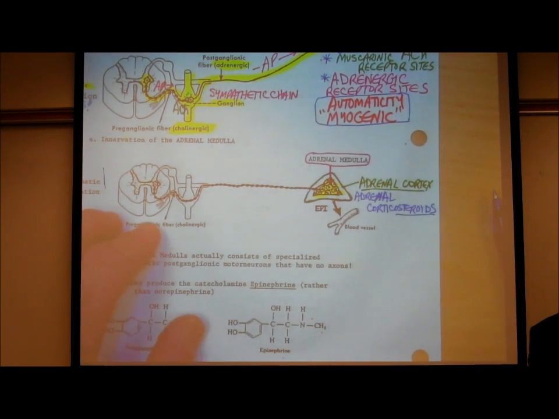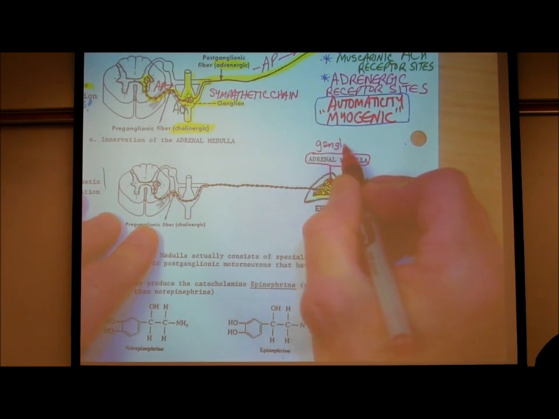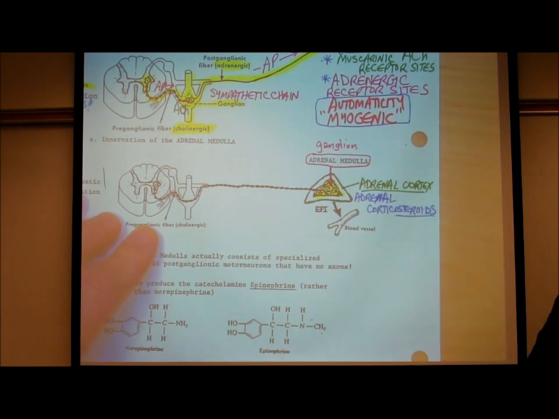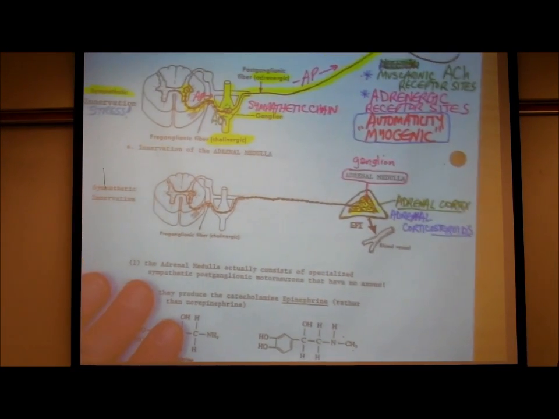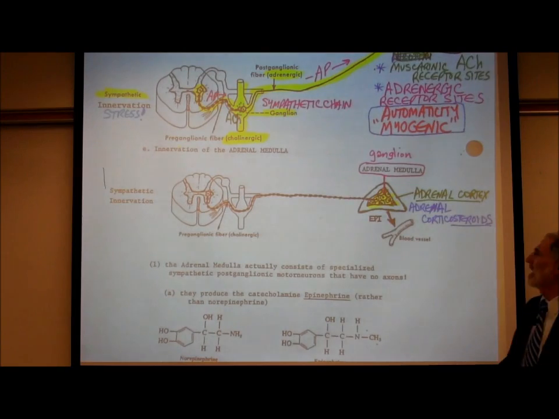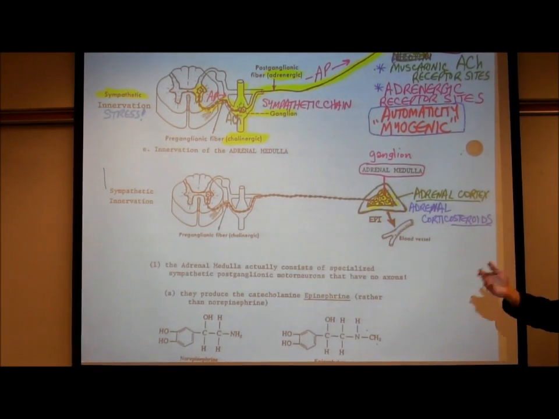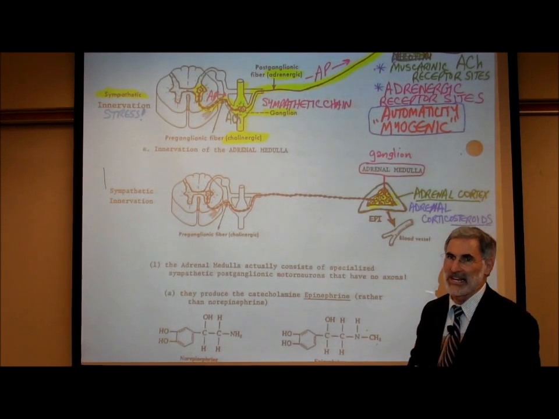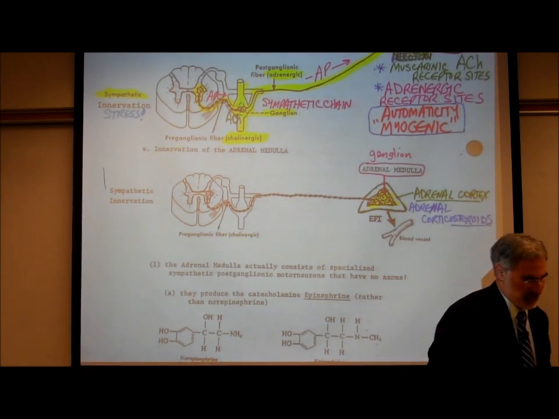What is the adrenal medulla? It is a ganglion. It is a ganglion made up of neurons. You'd say, well, what? How? Okay. There is no parasympathetic innervation to the adrenal. We saw that. There was no parasympathetic. But there is a sympathetic, but it looked different from anywhere else.